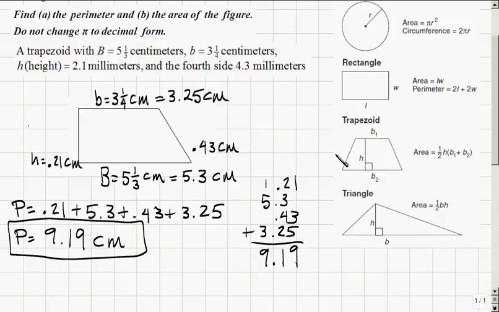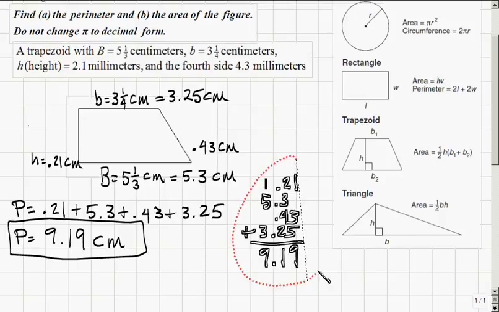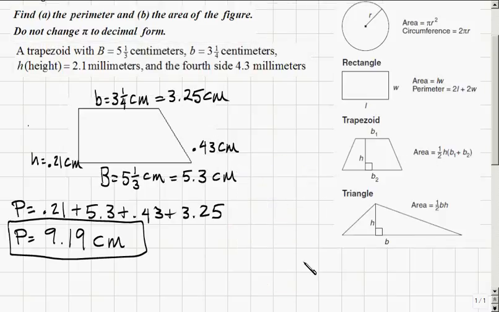Alright, to find the area of our trapezoid, we'll use the formula on the right. We'll erase our computation. Area of a trapezoid is 1/2 times the height times b1 plus b2. So we know h is 0.21, little b is our b1, 3.25, and capital B is our b2, 5.3.